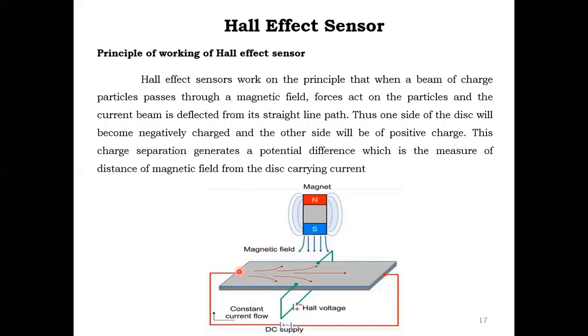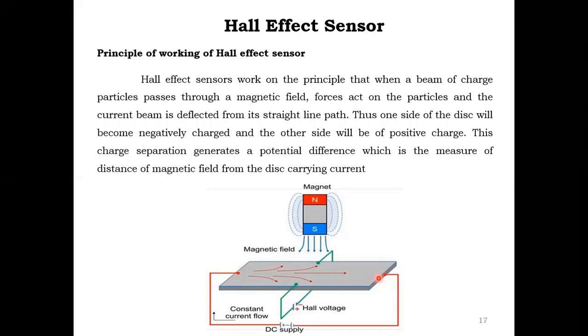Normally electrons go in a straight line. For example, if it is one millimeter, after applying the magnetic field the electron moves along a curved path, so the electron moves for more distance. More distance means more current, and it will produce some more differential voltage.